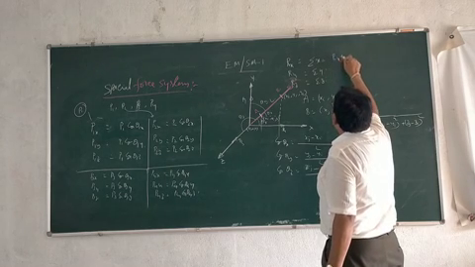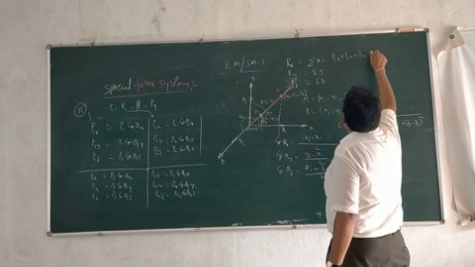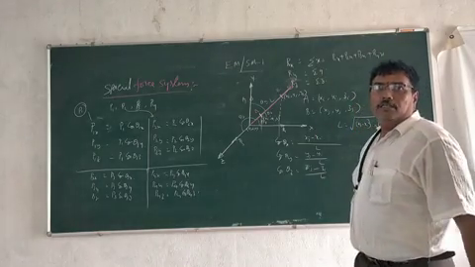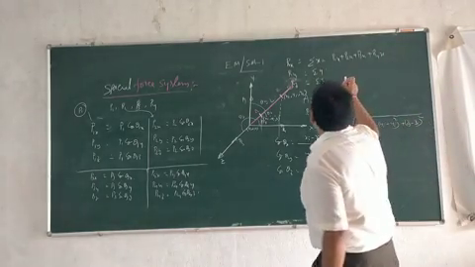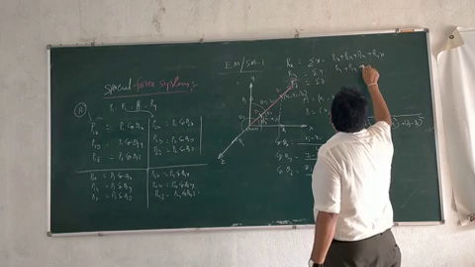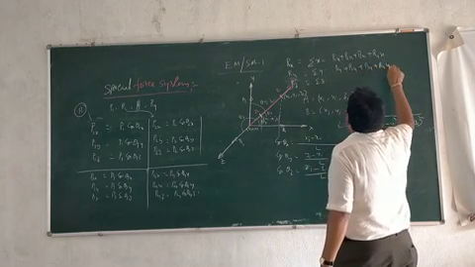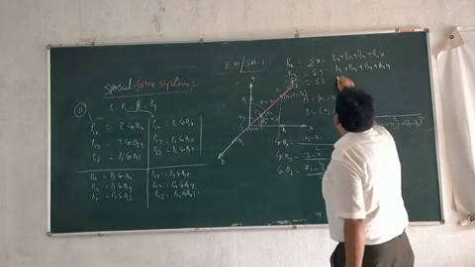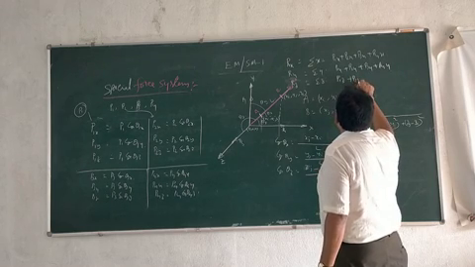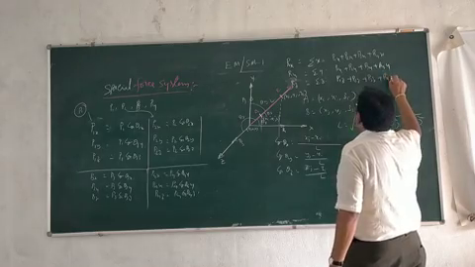Rx is P1x plus P2x plus P3x plus P4x. Ry is P1y plus P2y plus P3y plus P4y. Rz is P1z plus P2z plus P3z plus P4z.